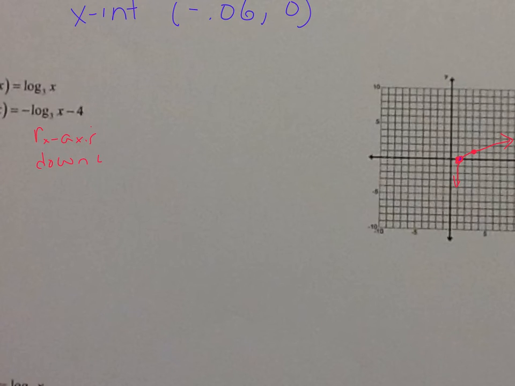Okay, so I'm going to start on this point here. So I reflect over the x-axis. I'm in the same exact point. So now I'm going to go down 4. So I'm here. And now I'm here. Reflect over the x-axis. So that's going to put me at 3, negative 1, and then go down 4. Puts me here.